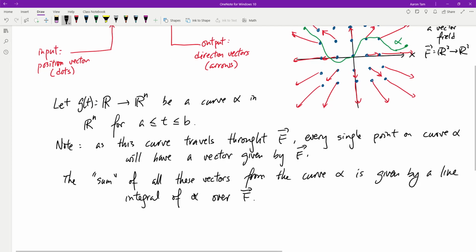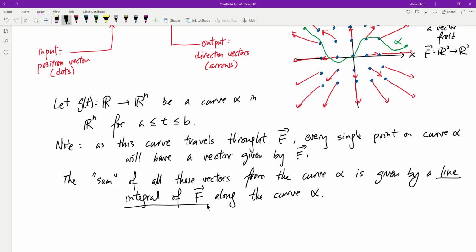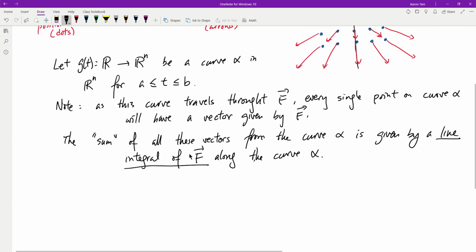Oh, actually, maybe I should write it this way, which is better: the line integral of, because you're actually integrating F, so a line integral of capital vector F along the curve alpha. That is a better way to write it, because you are actually doing a line integral of capital vector F.